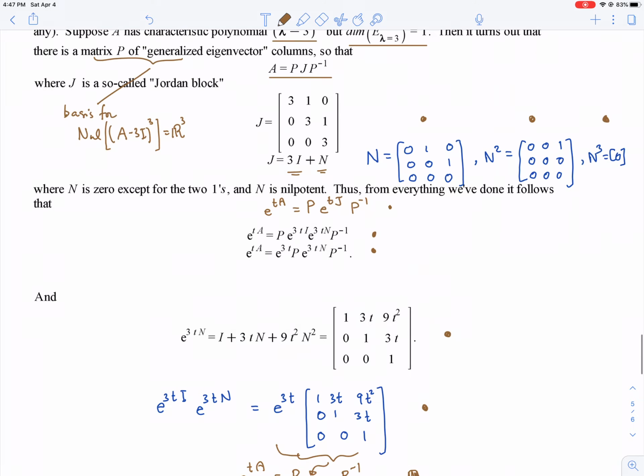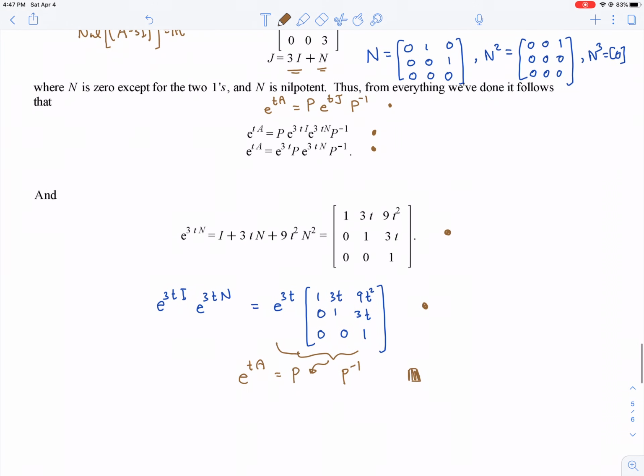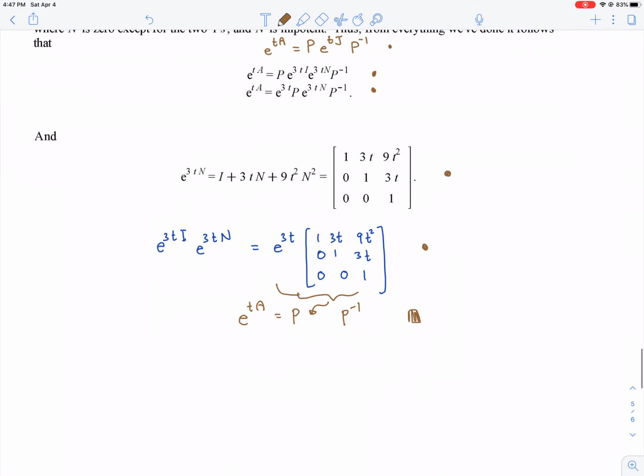Okay, so that's just to give you a flavor of how you compute matrix exponentials for non-diagonalizable matrices.